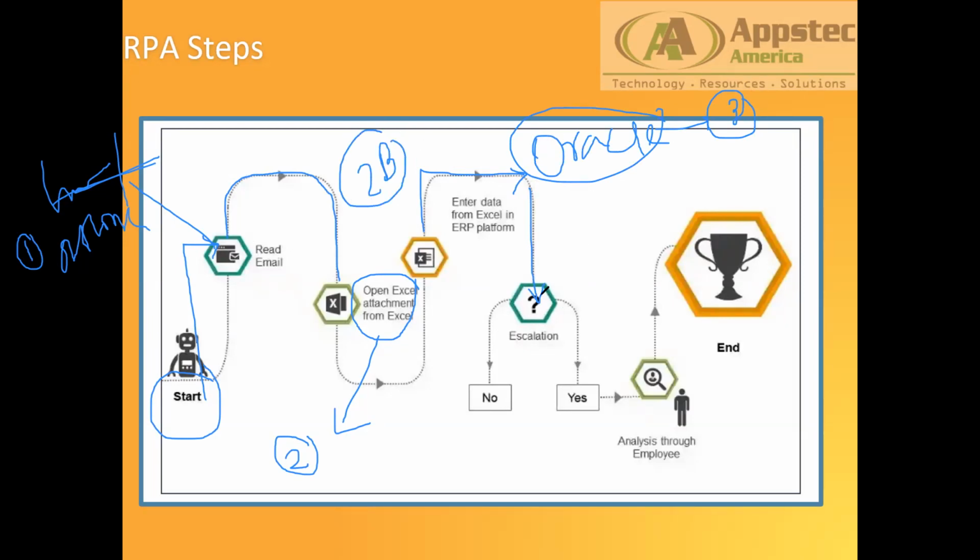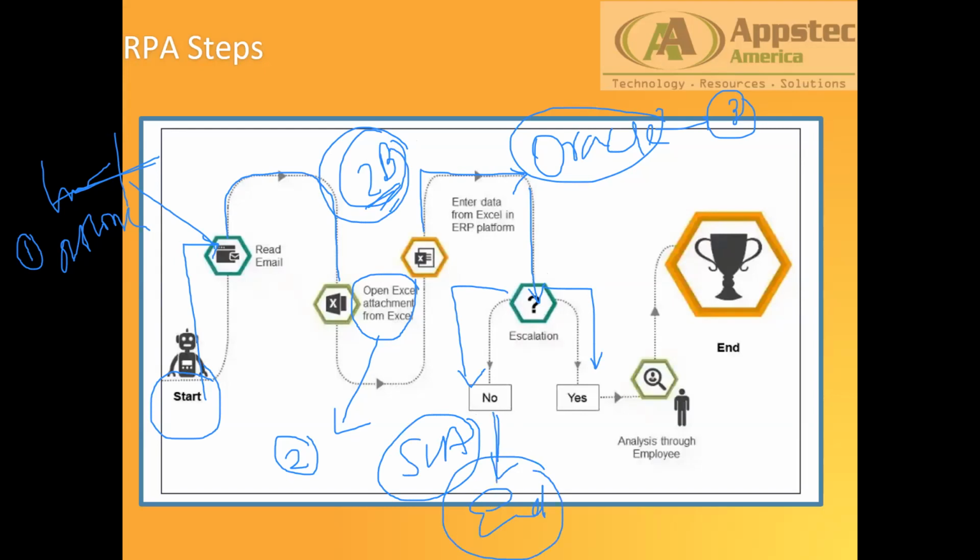So here you would check whether the data was entered within these 2 business days. What is SLA? Service level agreement, that this needs to get into the system within 2 business days, is met or not. If you are breaching the SLA, there is an escalation, which is the yes path. If you are not breaching the SLA, that is the no path. Your process stops here. End.